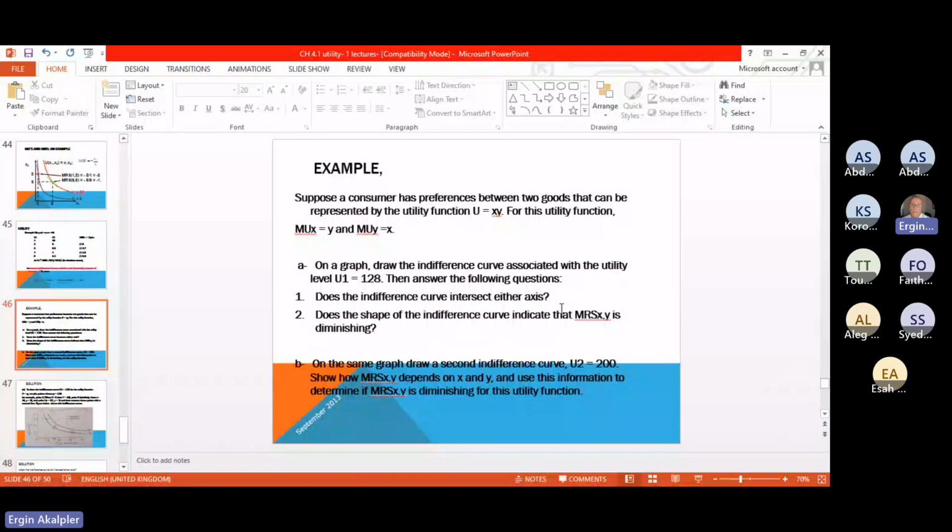On a graph, draw the indifference curve associated with the utility level, which is utility 1 is supposed to be 128, then answer the following questions. Does the indifference curve intersect either axis? And does the shape of the indifference curve indicate that the marginal rate of substitution of x for y is diminishing?